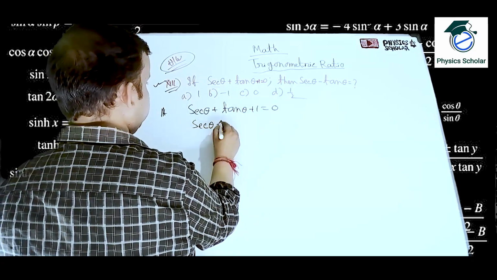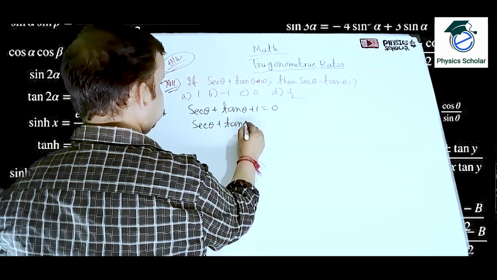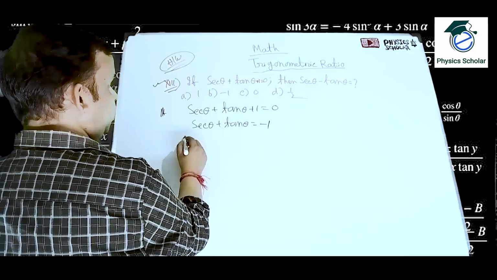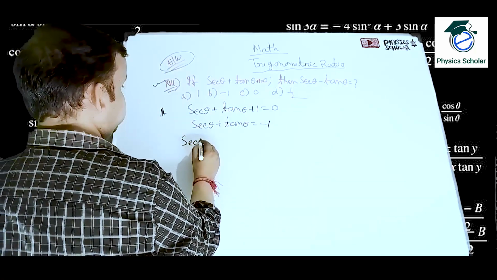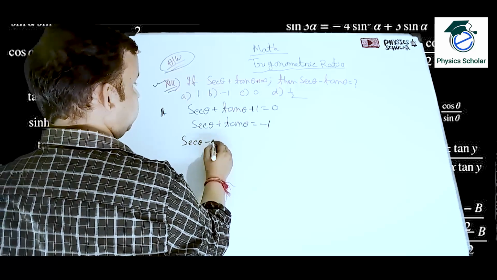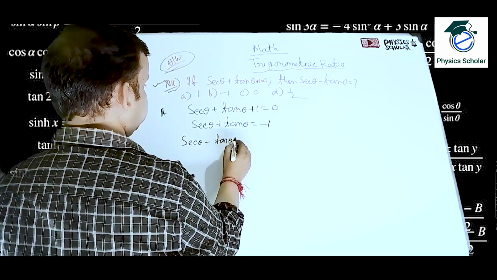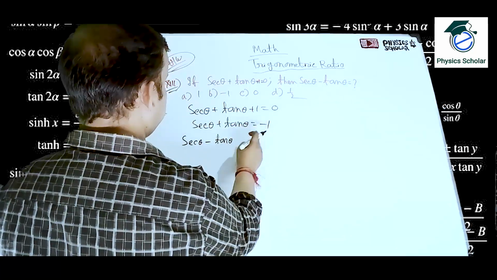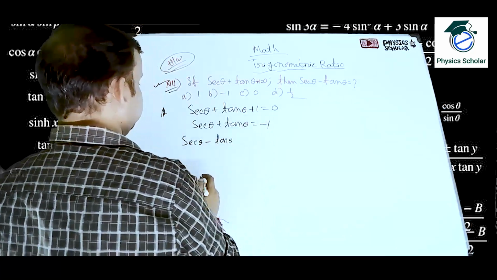So what can we write? Sec theta plus tan theta is equal to minus 1, right? So what is given? Sec theta minus tan theta. Clear? That is given. Okay.